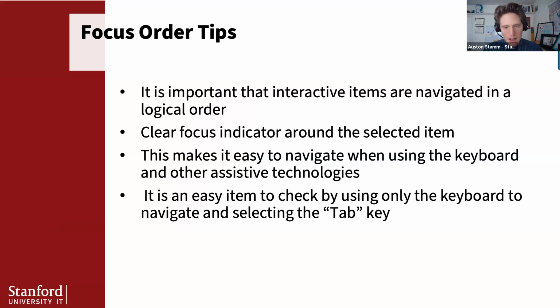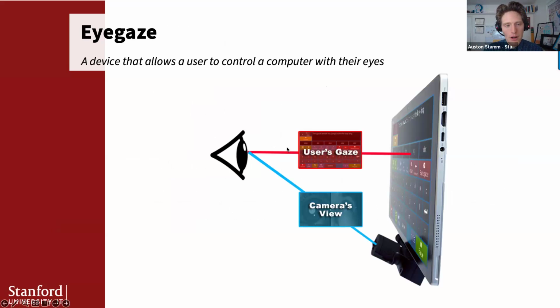I wanted to highlight that, depending on the type of assistive technology being used, that format of using the tab key and going from one item to the next is common for some types of assistive technologies as well.